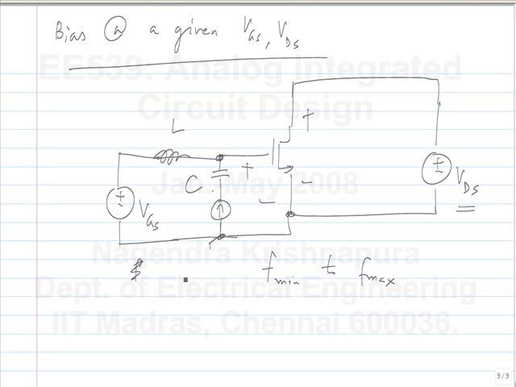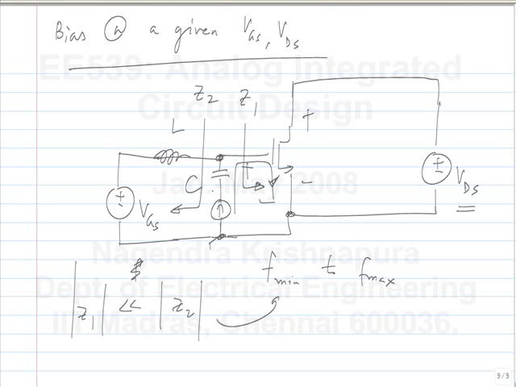So how will I choose L and C? At all frequencies of interest, I want all of this current to go here, not go this way. Okay. You have some impedance looking this way and some impedance looking back this way. If this is Z1 and this is Z2, the magnitude of Z1 must be much less than the magnitude of Z2 over the frequencies of interest.